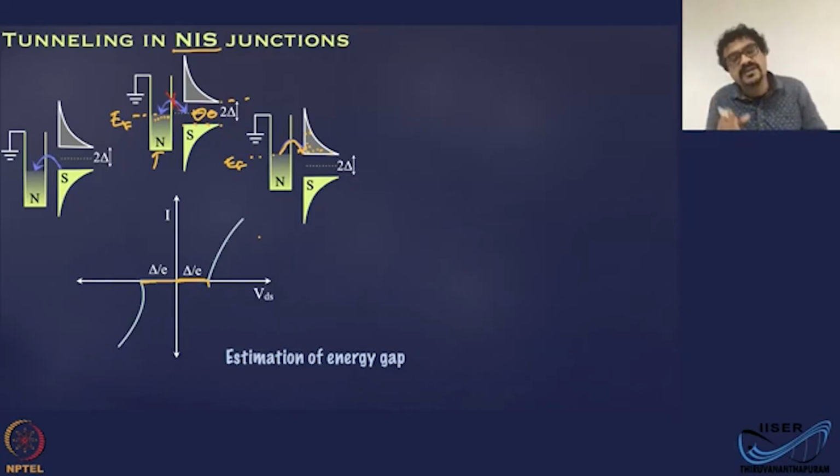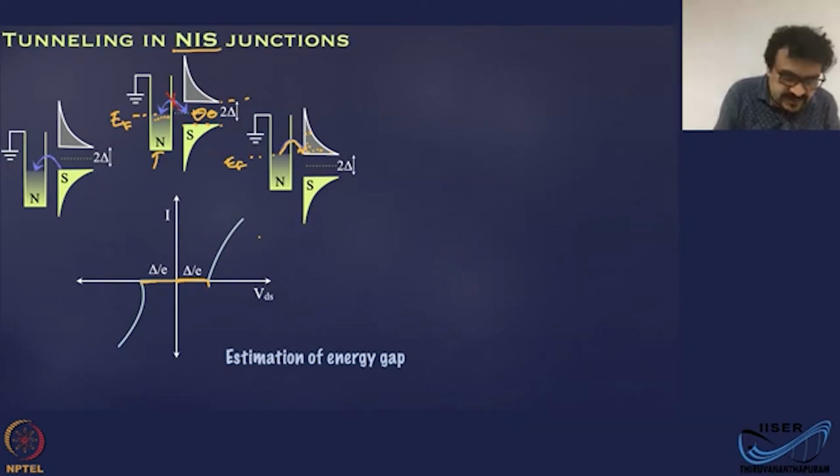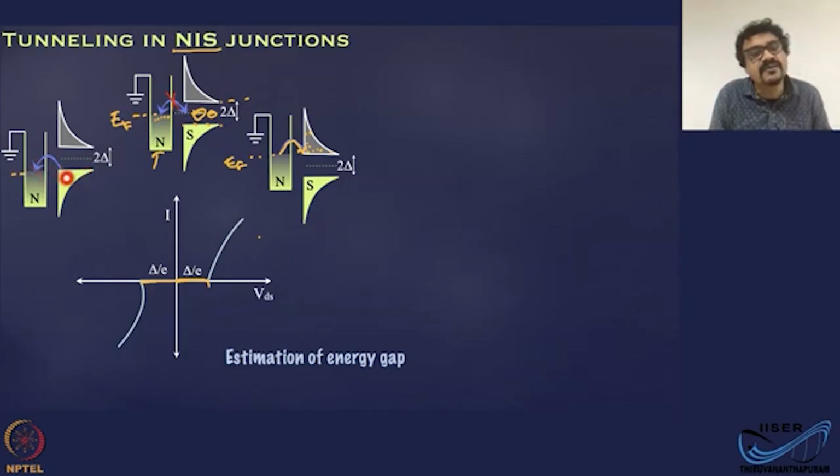Remember, superconductivity is a low temperature phenomenon. So the Fermi function, you can assume, is mostly very sharp. So all the states until EF are filled. Okay, so this point is EF. Now, once you align the Fermi energy with this filled quasi-particle level on the superconducting side, then there are empty states right at the Fermi energy where these quasi-particles can tunnel into.